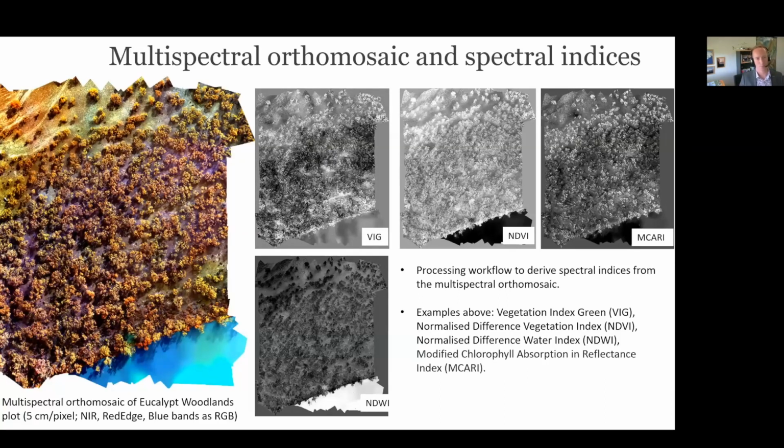So here's an example of a river gum vegetation community, of a multispectral orthomosaic with a range of vegetation indices that were derived from these. The output is in cloud optimized GeoTIFF so that they can be easily shared and easily read in by packages like QGIS or image processing packages.